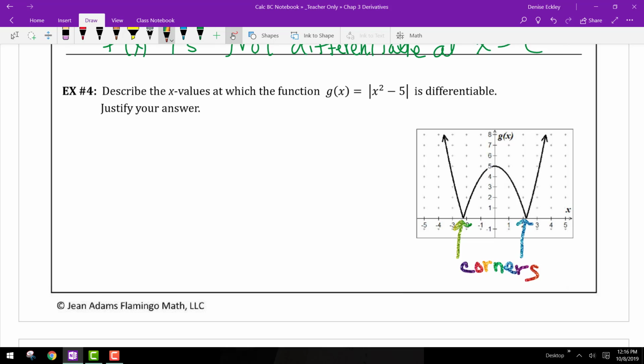If you notice, I've covered it up, but let me erase that just a little. It's not happening at the integer values, so we have to find them. Our corners are happening where g of x equals 0. So we need to find those. We need to take x squared minus 5 equals 0 and solve this for x.